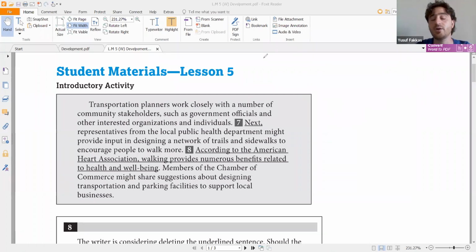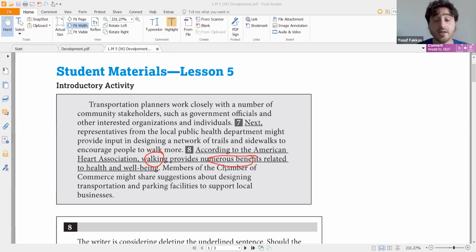We need to highlight or underline again, or do whatever with the keywords. Look, according to the American Heart Association, walking provides numerous benefits related to health and well-being. So the whole thing in this sentence is that they are telling us walking gives a lot of benefits. Does that support the main idea? Is it relevant to the topic sentence and the discussion that we have in the paragraph?